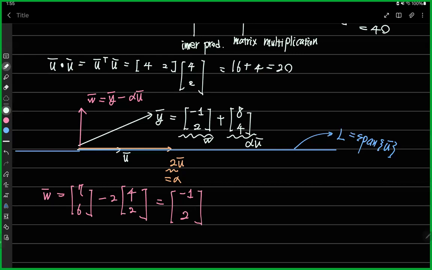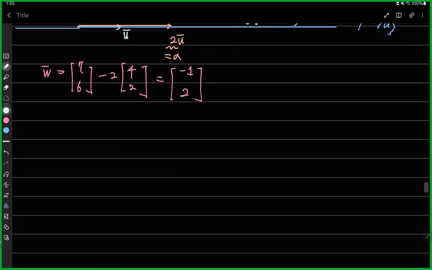Next one is orthonormal set. If all of the vectors in an orthogonal set have magnitude 1, then we call that an orthonormal set.